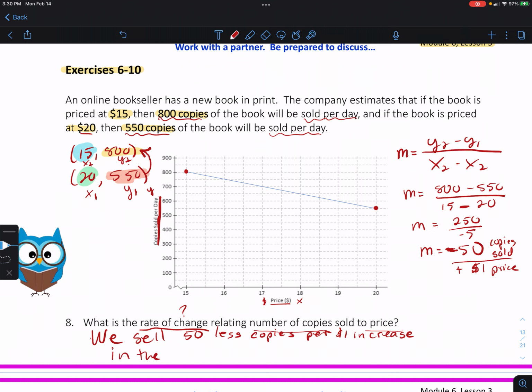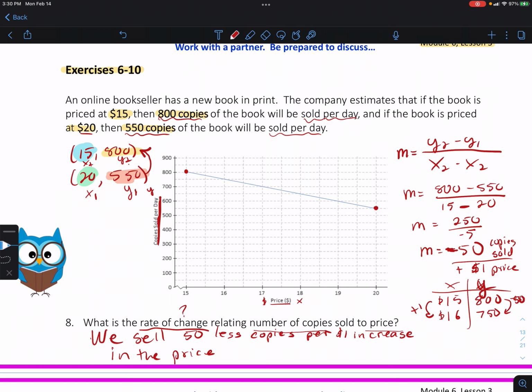If we make a little table here, we can see that for a price of $15, we could sell 800 copies. If I were to increase the price by $1, I would only sell 750 copies. Sorry, this should be 16. My mistake. If I increase the price by $1, I decrease how many copies I sell by 50.